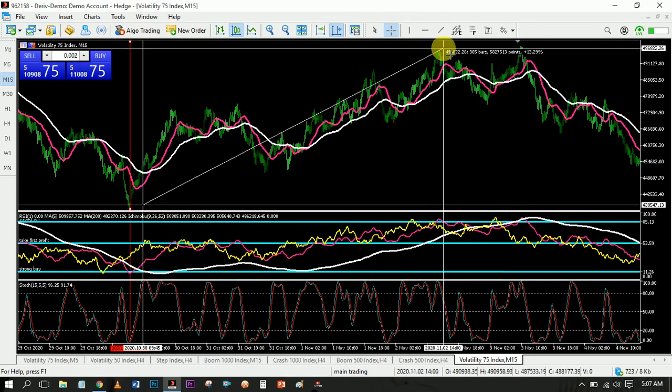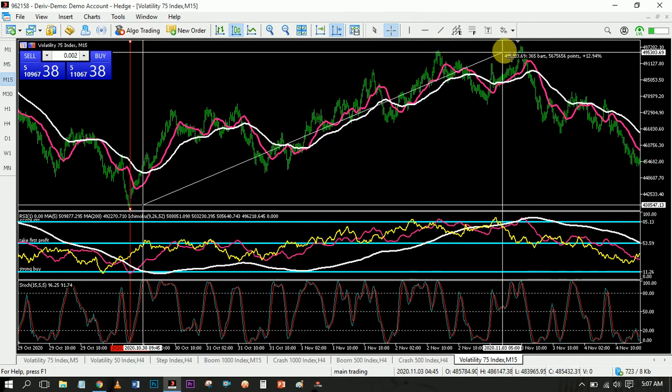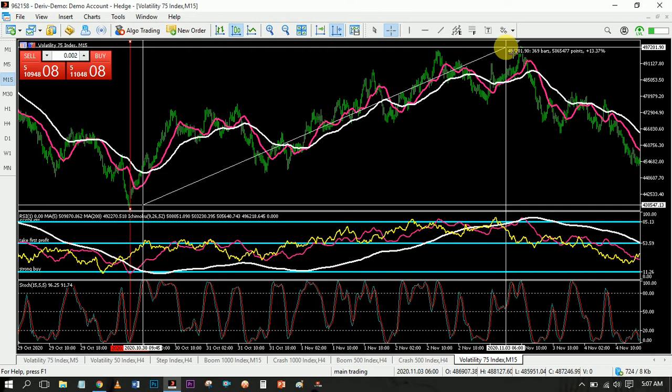So if you enter there and move to this level here, you can see we have made a lot of money. If you are using a 0.01 lot size, you would have made a whopping $586 without stress.